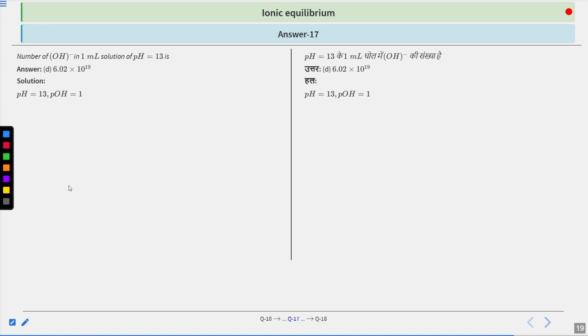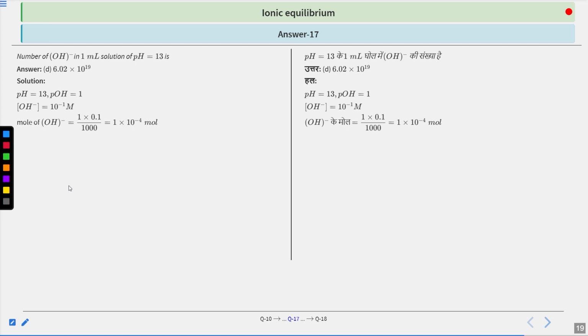Now, moving to the solution. The pH is given as 13 and pOH will be how much then? 14 minus 13, that is 1. What is the concentration of OH minus? Since your pH is 13, your OH minus concentration is 10 to the power minus 1. What are the moles of OH minus? It is 0.1 by 1000.